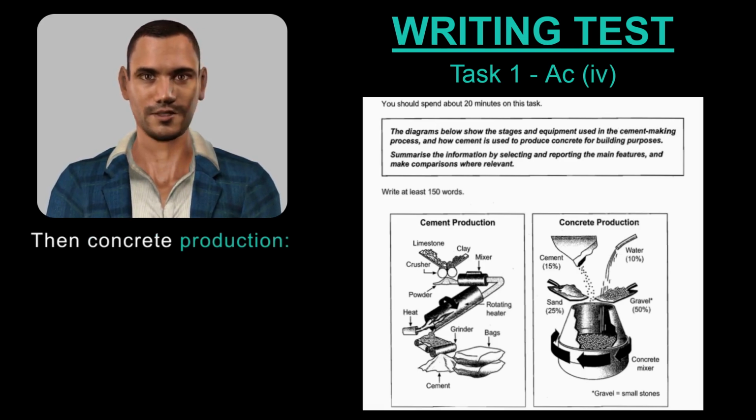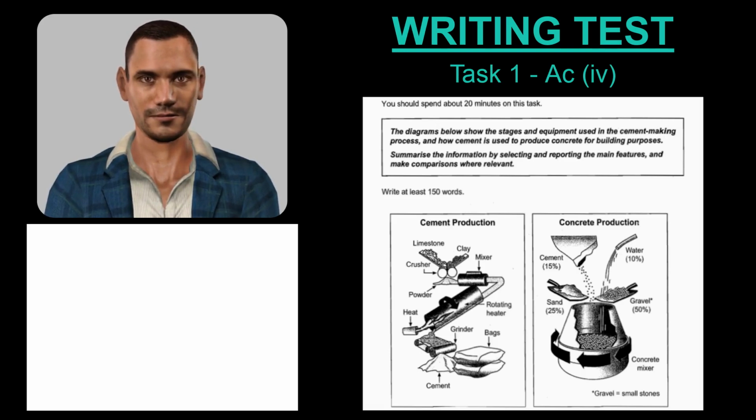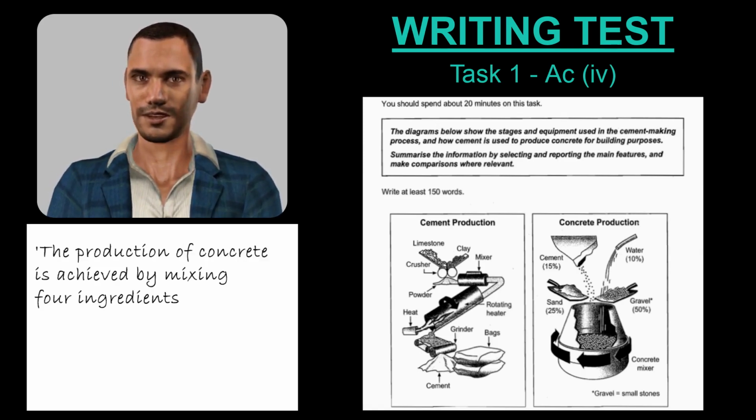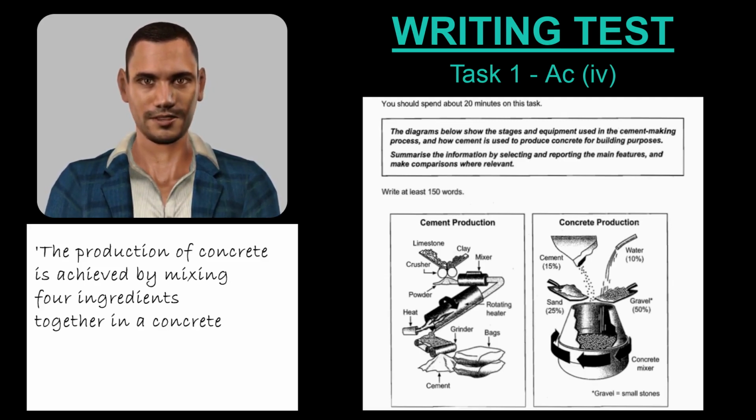Then, concrete production. The production of concrete is achieved by mixing four ingredients together in a concrete mixer.